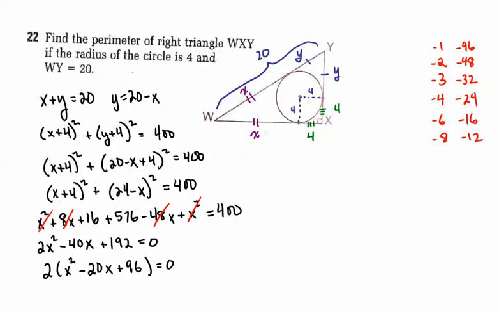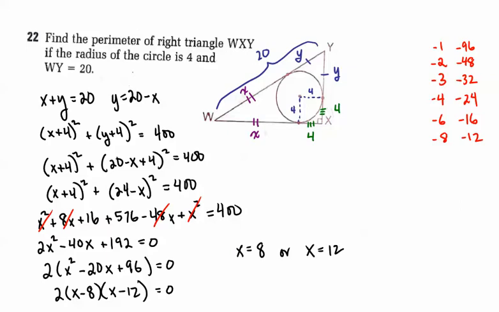So that's going to be the pair that does the trick for us. So we end up with 2 times x minus 8 times x minus 12, and that would give us x equals 8 or x equals 12.